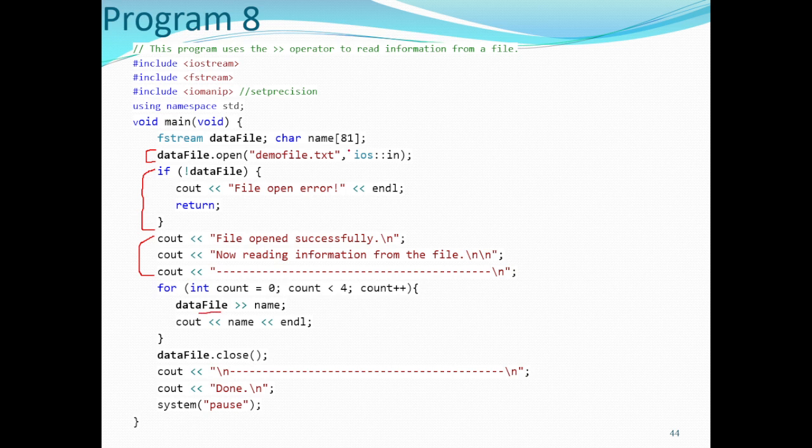We are opening the file for reading, right? We are reading from the file and then saving the data to name. Name is a string, right? Yes, name is a string. And then printing to the screen. At the very end, we are closing the file.